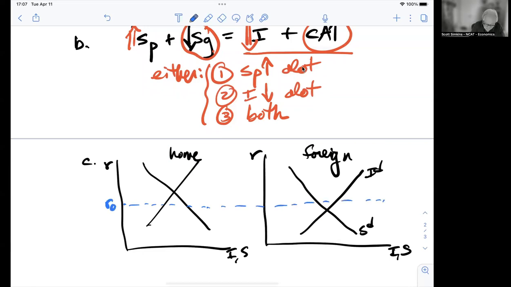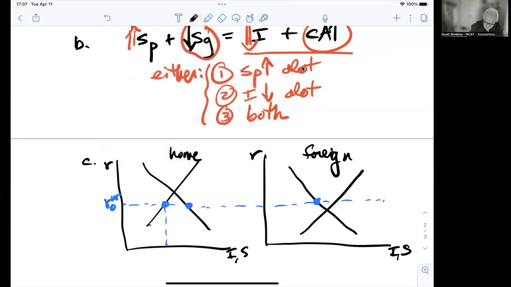There's the real world interest rate. This difference right here has to be equal to this difference right here. Oops, sorry, we drew this wrong on the other side. Going too fast. Let's start this over and get this back again.